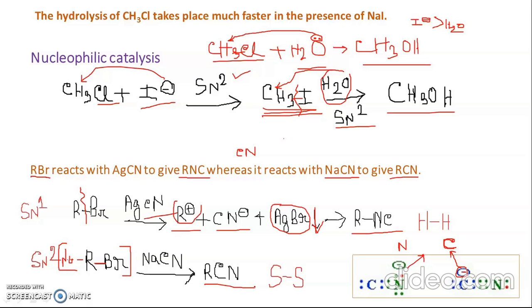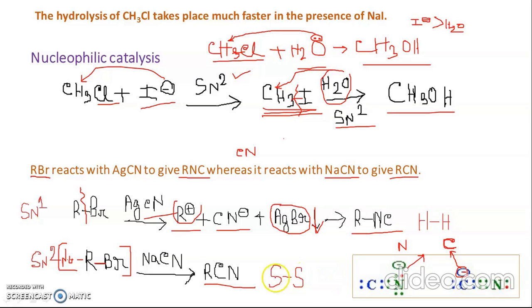But in the second case, the more polarizable C minus in the cyanide ion will prefer to form a bond with R in the transition state, because compared to R plus, the alkyl group, I mean to say the carbon which is attached to Br, is acting as a softer acid.